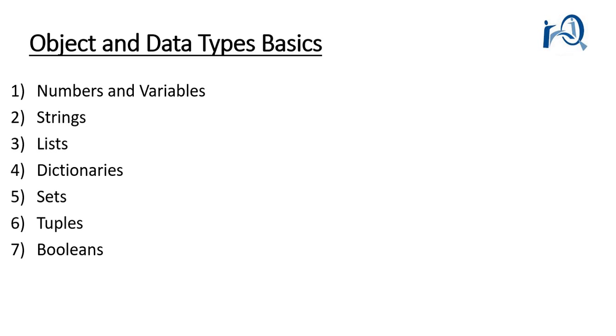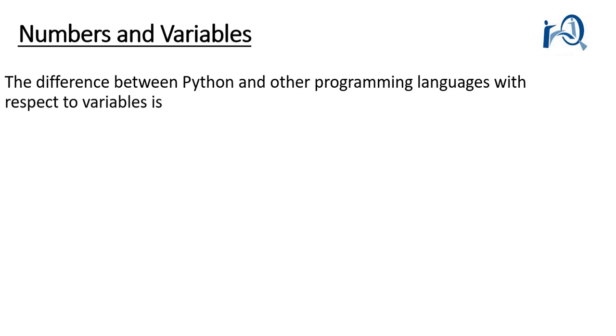I want to reiterate that for many students, in many programming languages, variables are something that will hold the value of a number. For example, a variable is simply a bin which holds the value, right? In Python, all these data types like strings, lists, sets, tuples are not only data types, but also objects.